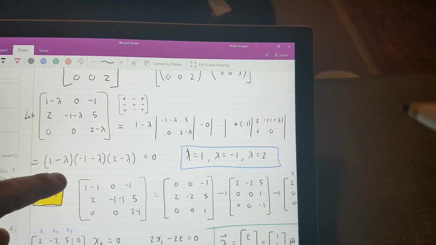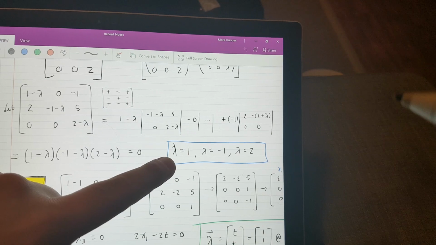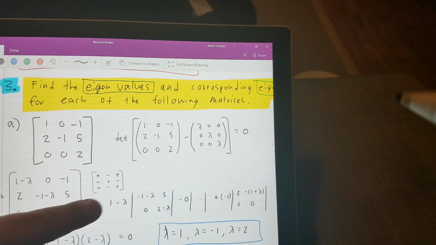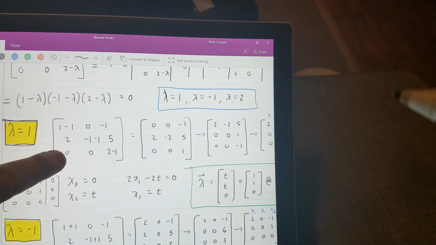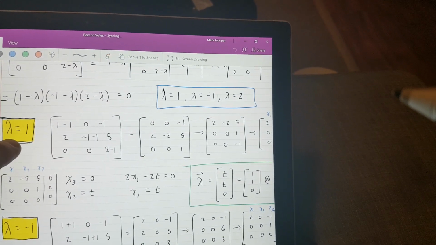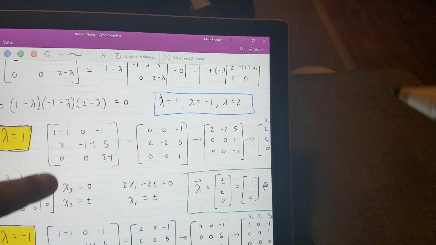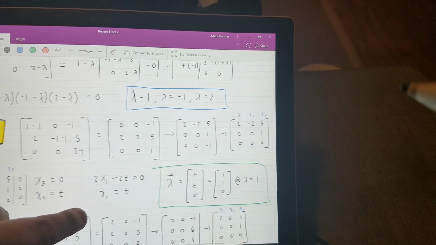So now we get this characteristic polynomial, and these are our eigenvalues for that. And it wanted to find the eigenvectors, so I circled those in green. So you just plug in your eigenvalues into this guy, and then you solve for your variables.